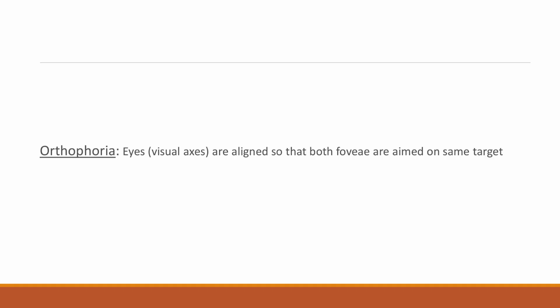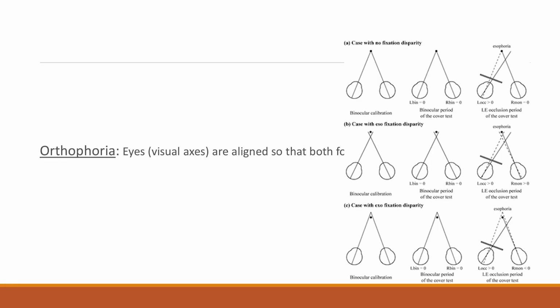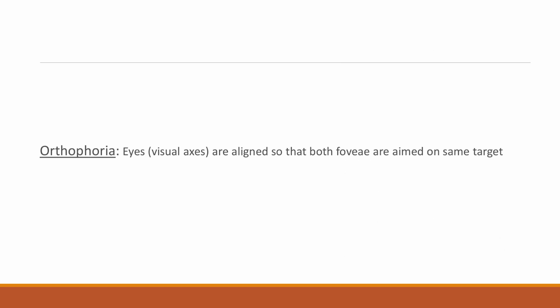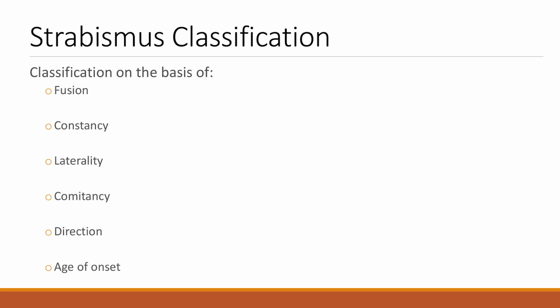Now come to orthophoria. An aligned eye or aligned visual axis is called orthophoria. Strabismus is classified on the basis of fusion, consistency, laterality, committancy, direction, and age of onset.